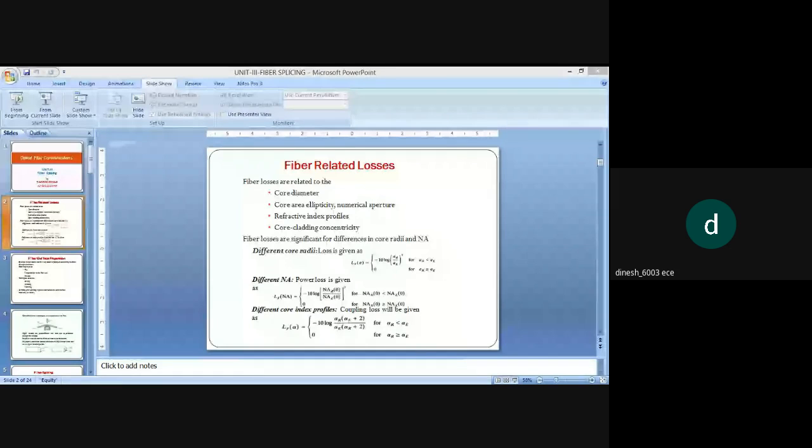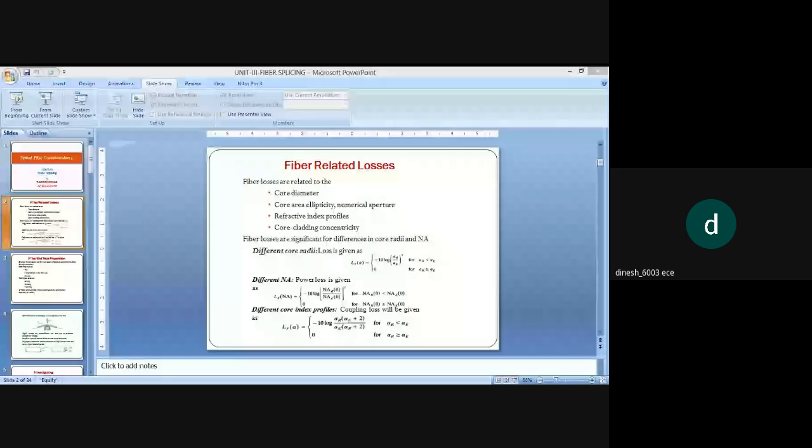One is the self-centering effect, second core eccentricity, maintaining core eccentricity, third one fiber end face quality, maintaining a good quality at the end, then fiber preparation quality should be maintained, or coating residues should be removed. Then statistics, then electrode condition. All this influences the fusion. So first let us see the self-centering effect.